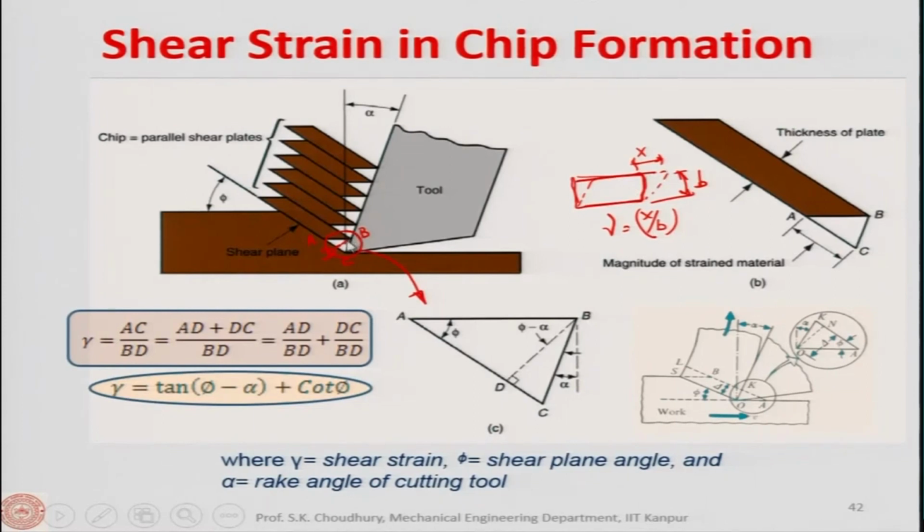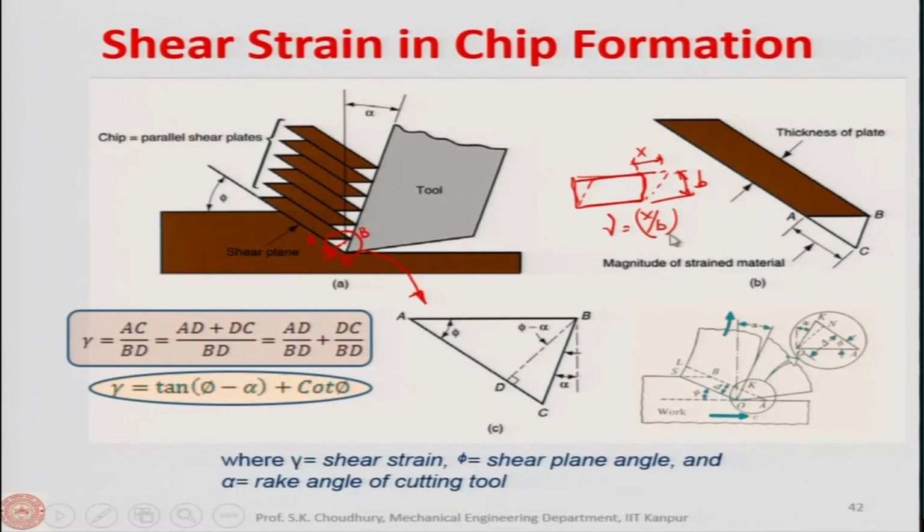Then D is the perpendicular from the point B on AC. So this is the shortest distance, the distance between these two layers, and this is BD. So BD is equivalent to the small b here. Therefore, the shear strain from this diagram is equal to AC divided by BD, because AC in this case is x and BD is b.